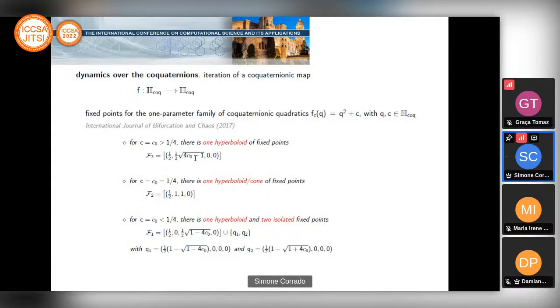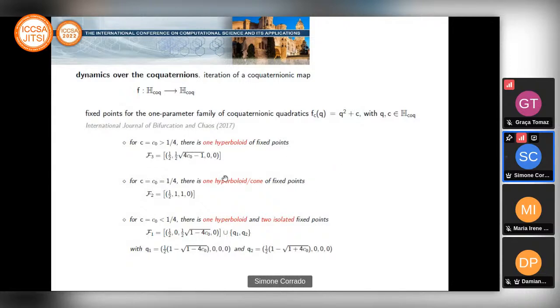This is a very, very interesting situation, something very, very different from the dynamical systems one was used to, I mean, complex dynamical systems, for instance.